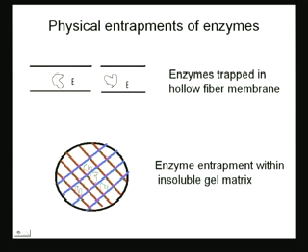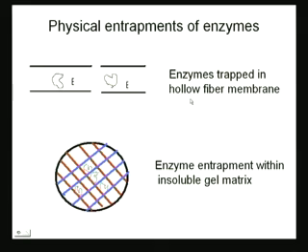And so you entrap the enzymes, being small themselves, within those hollow fiber membranes. And then you can have enzyme entrapment within an insoluble gel matrix. There's no chemical bonding here, and you physically entrap the enzyme, so this is one other possibility.